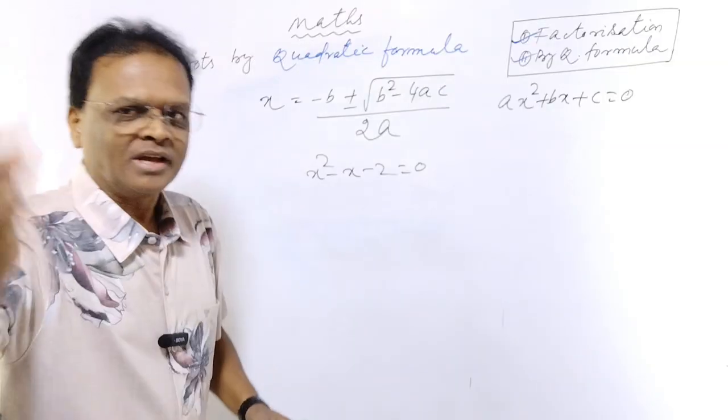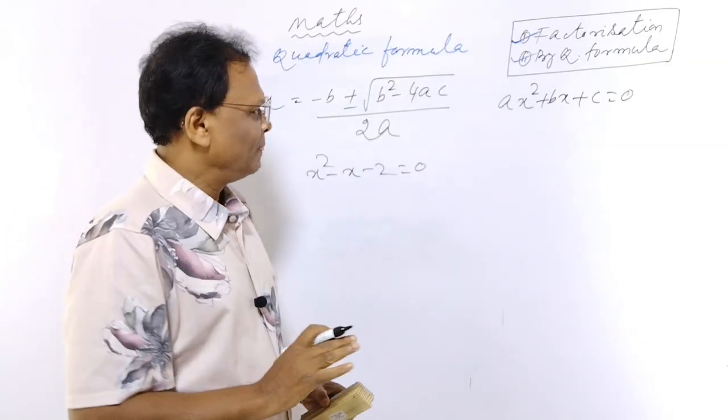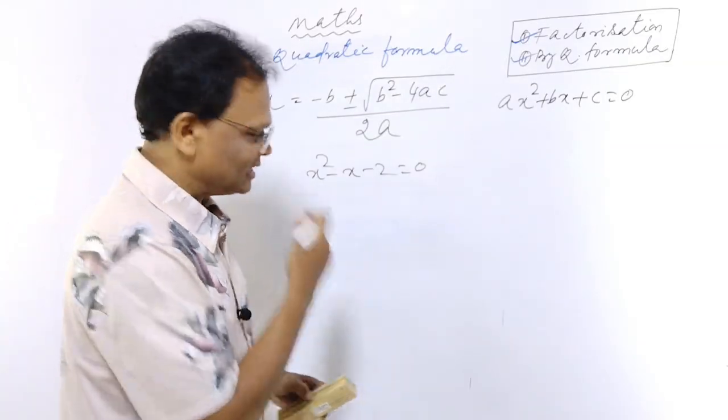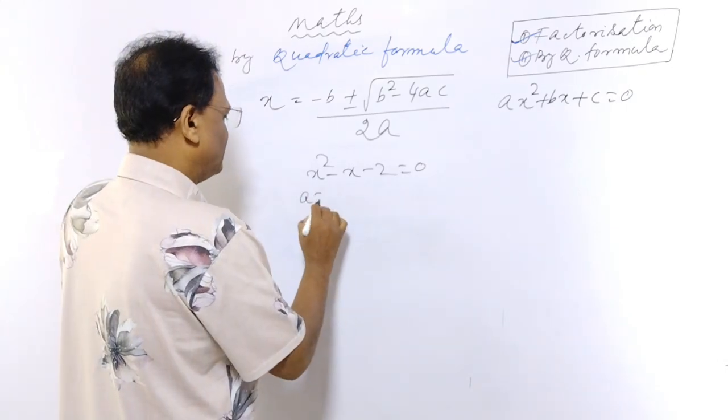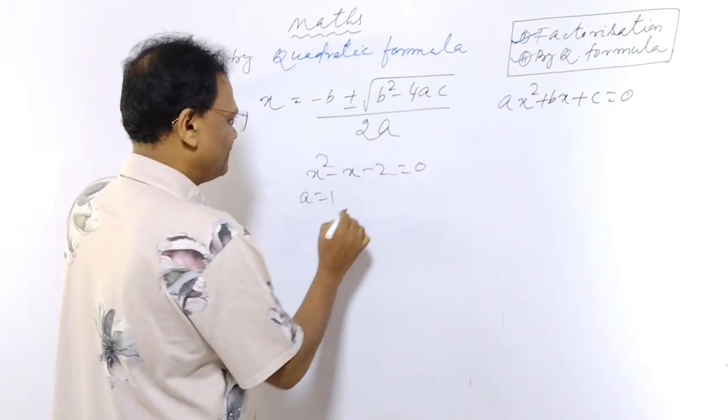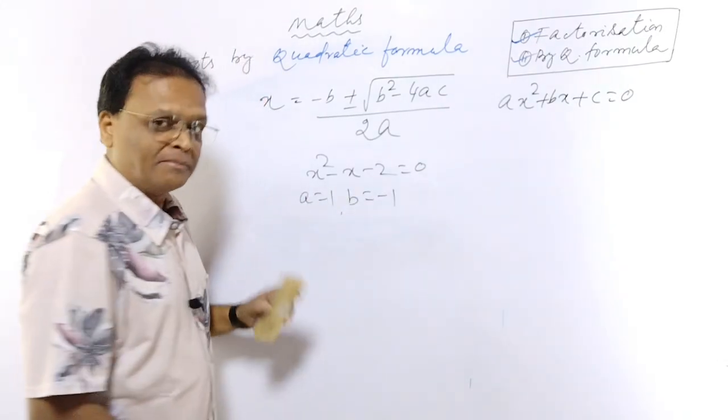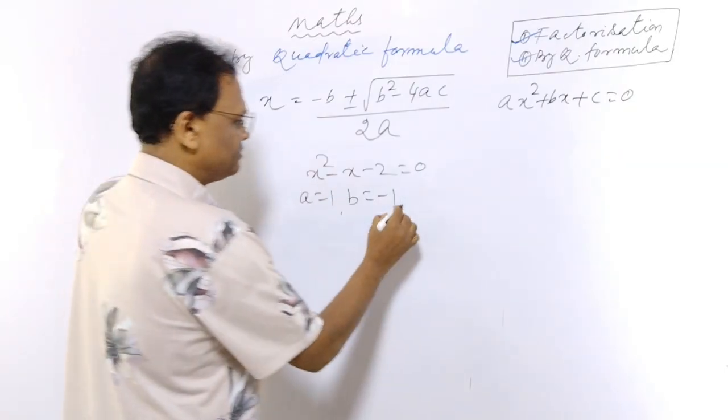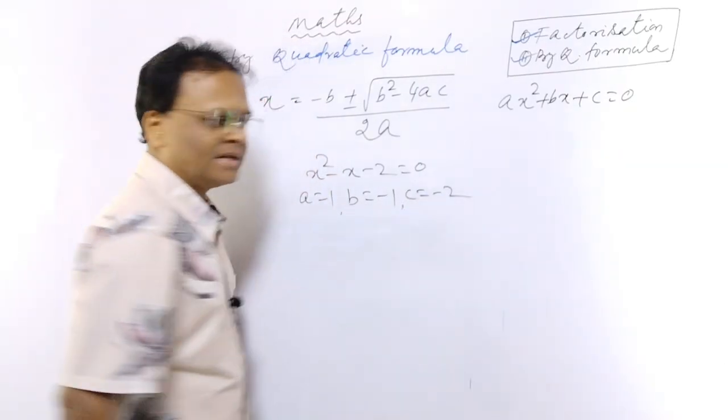By splitting method, you try yourself because already I told you. By quadratic formula method, let's see. a is equal to 1. b is equal to minus 1 because this is b. c is equal to minus 2.